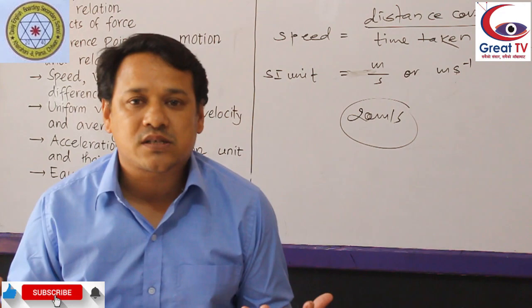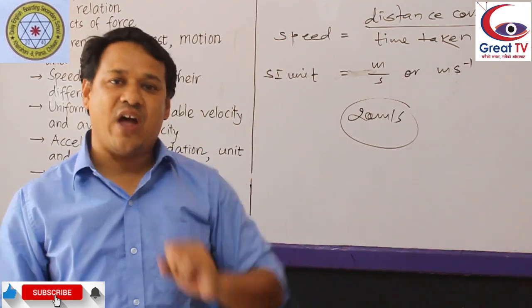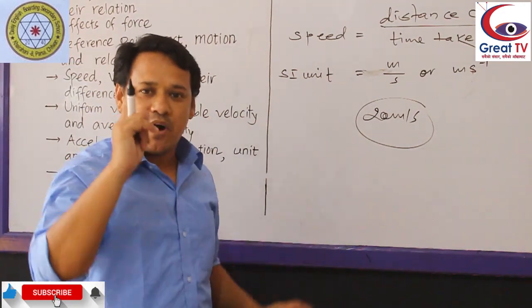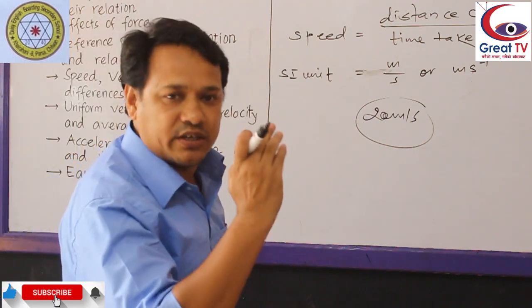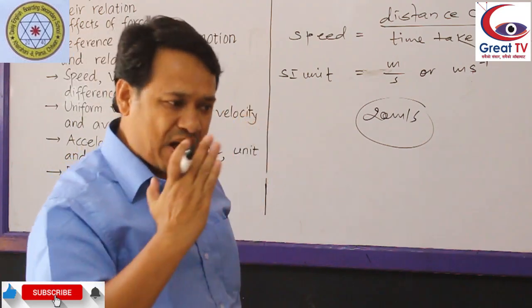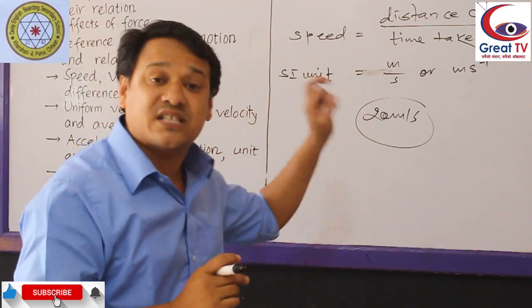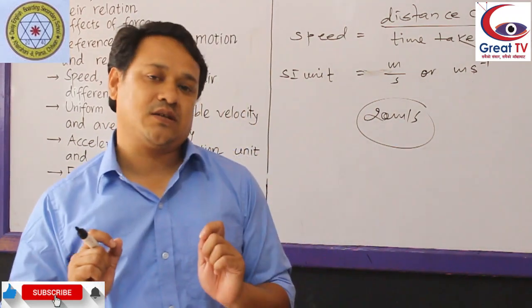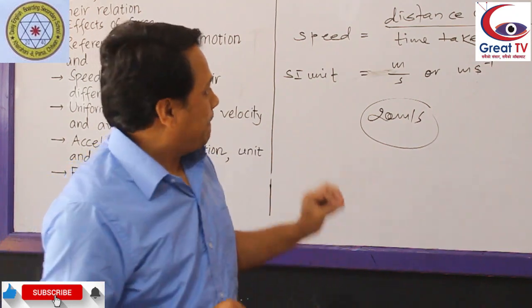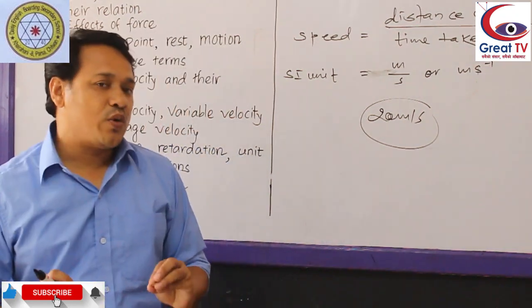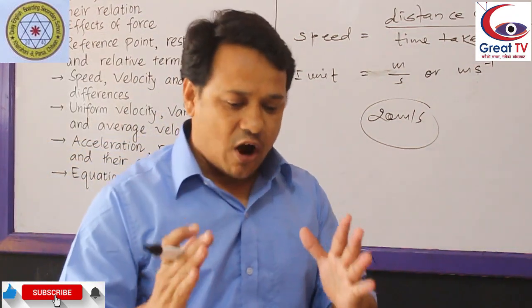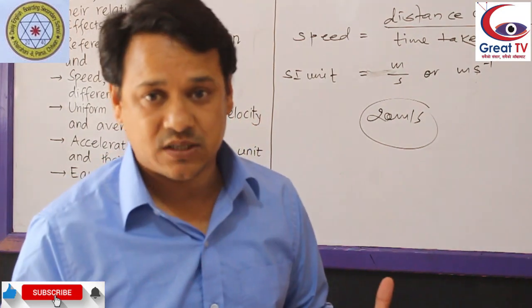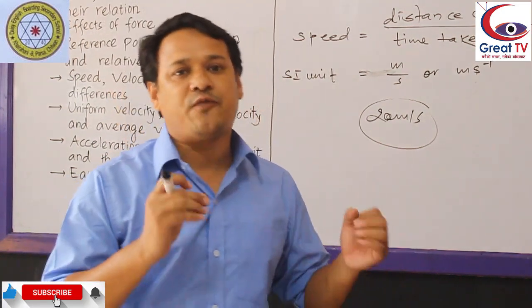Then what is the difference? The difference is that in velocity, the body should move in a particular direction, on a straight path. Direction is mentioned here. So velocity means we define it as the rate of change of displacement. Rate of change of displacement.